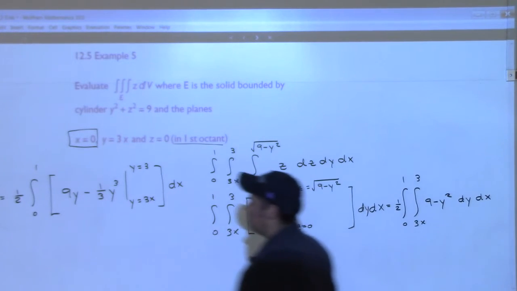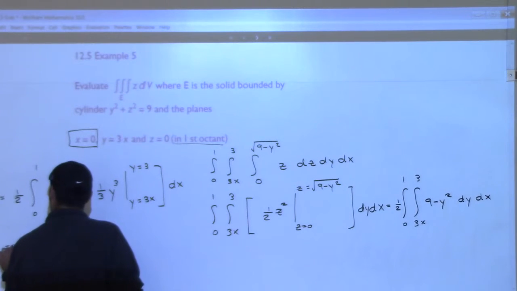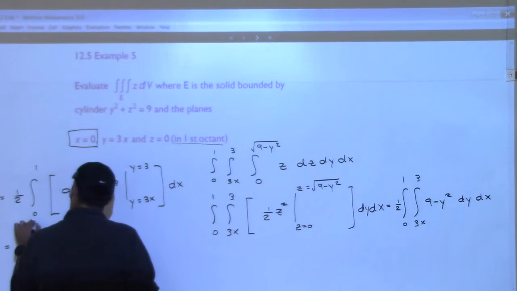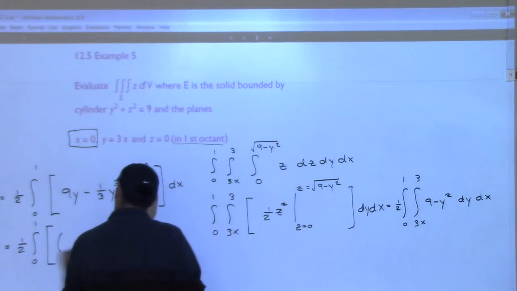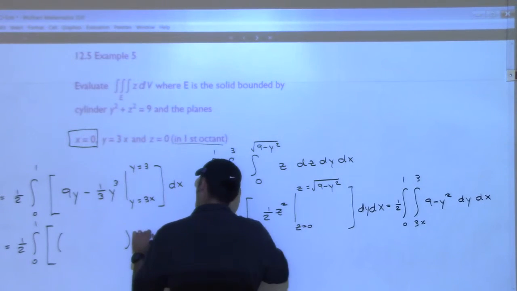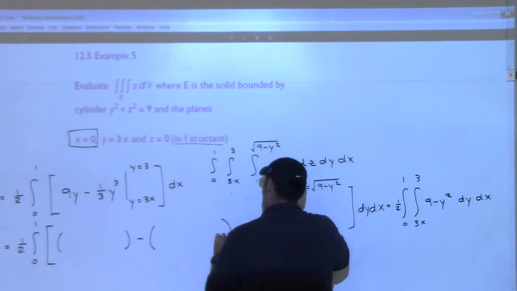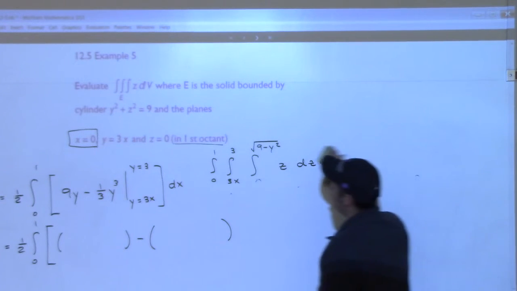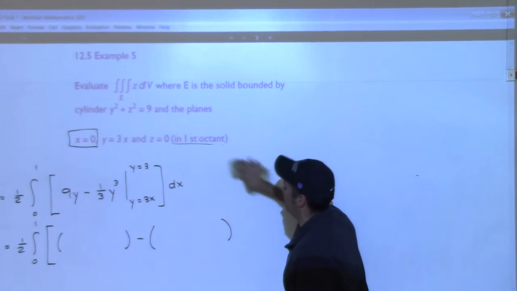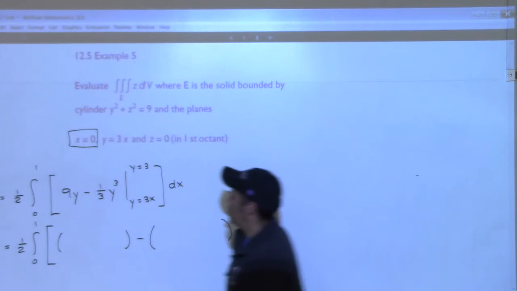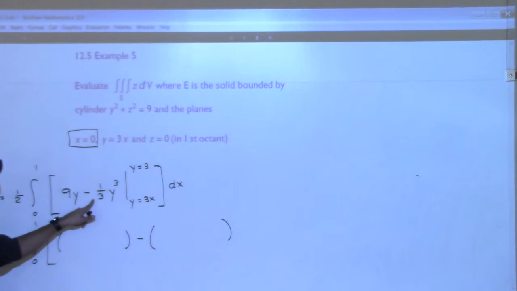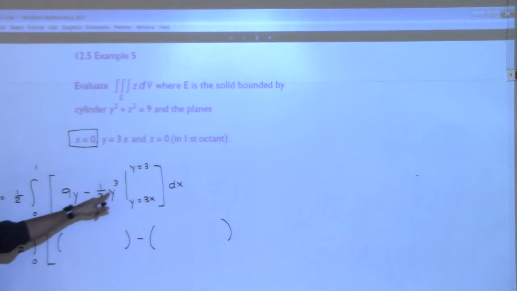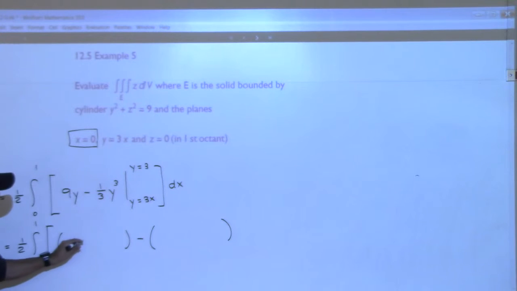Okay, so let's replace y. First, if we replace y with 3, what do we get? We get 27 minus 27 over 3, which is 9. So 27 minus 9? 18. So this is 18.